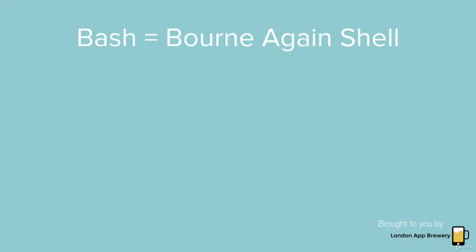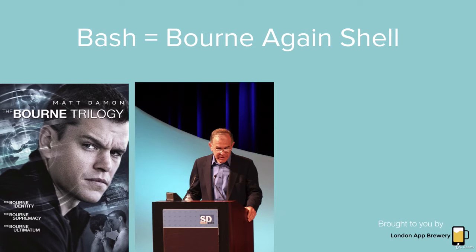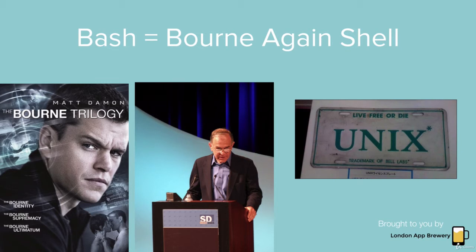So coming back to the shell that we're going to be using, which is a bash shell, it stands for the Born Again shell, and it's named after a Mr. Bourne, but not this Mr. Bourne, but this Mr. Bourne, and I can attest that they are equally badass. And the Born Again shell, or the bash shell, is a CLI, or a command line interpreter, for the Unix system.